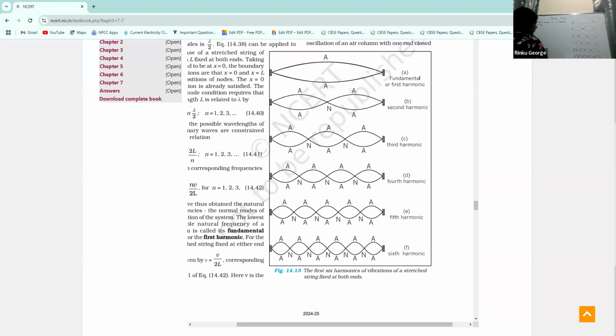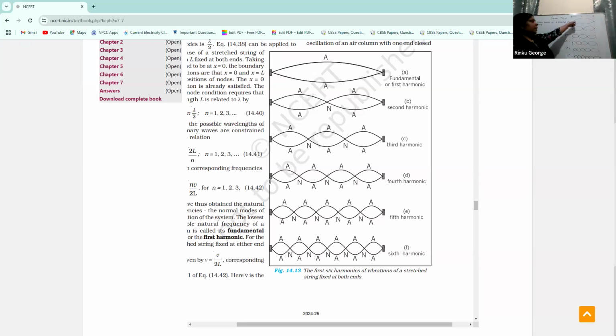This is first mode of vibration, second mode of vibration, third, fourth, fifth, sixth mode of vibration.